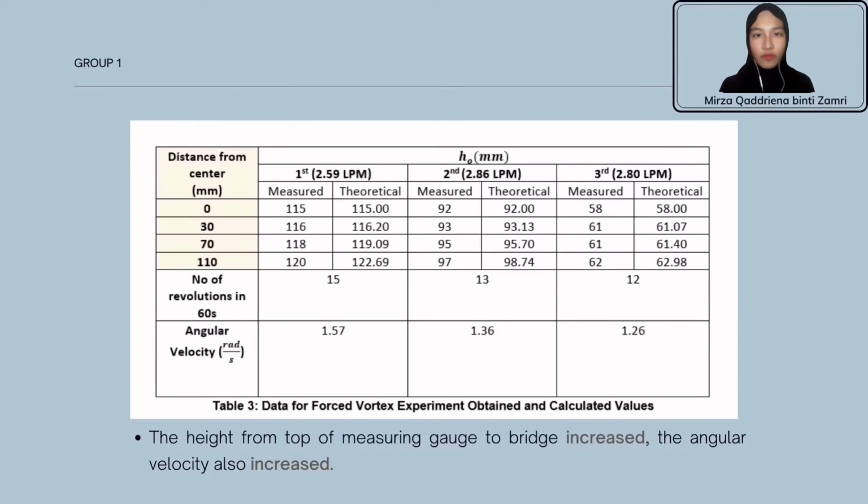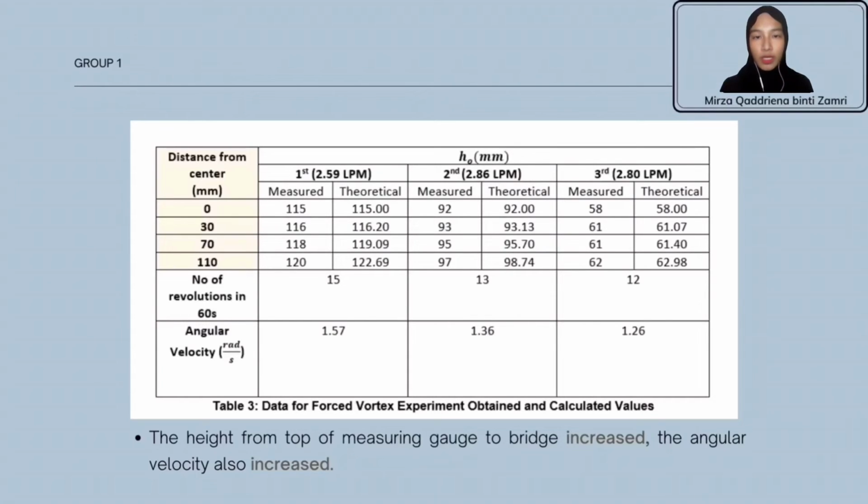The time taken for water to reach 3 liter flow rate was 1.16 minutes, 1.05 minutes, and 1.07 minutes, which resulted in 2.59 LPM, 2.86 LPM, and 2.80 LPM for the first, second, and third trial.